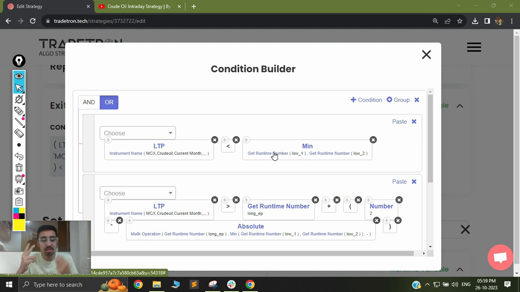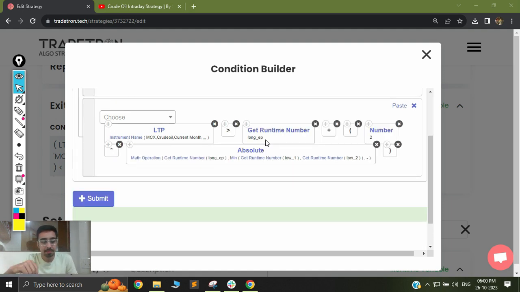The second condition for my exit is that I have a double amount of target. So let's say if my stop loss was 20 points, if I get 40 points in target, then I will exit. In order for that, I have built this condition, which is LTP is greater than long entry price, which was the point at which my entry happened, plus twice the absolute of the math operation. This is basically finding out the difference.